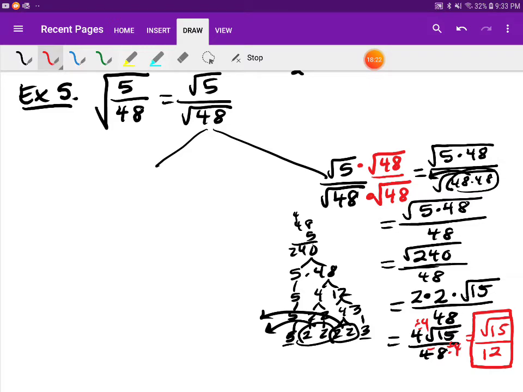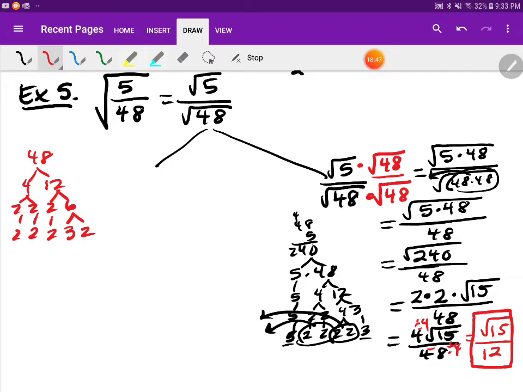Now that one, the numbers get kind of big, which is okay. But if you did the tree from the beginning, so 4 times 12, 2, 2, 2, 6, 3, 2, bring down the 2, bring down the 2, bring down the 2. To make a tree.